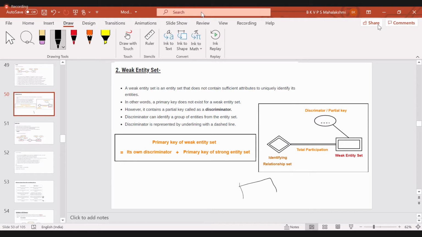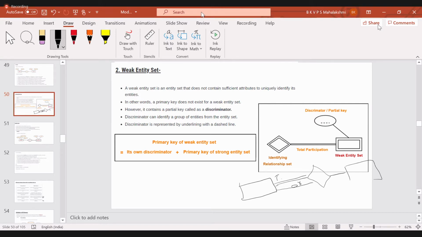From the strong entity, it may or may not have total participation or partial participation with the relationship to some other entity.